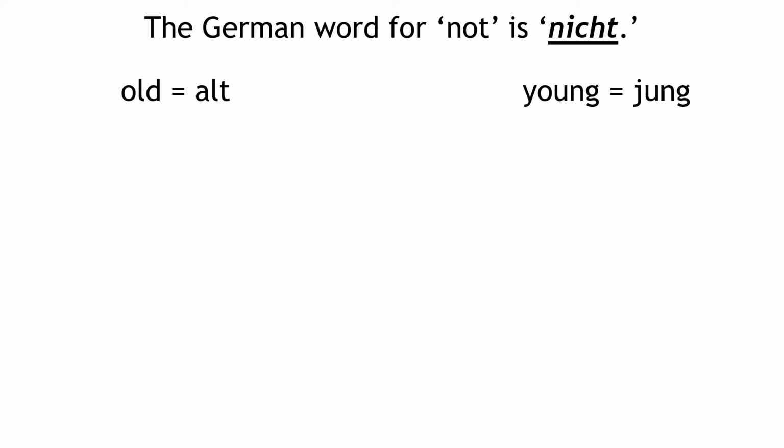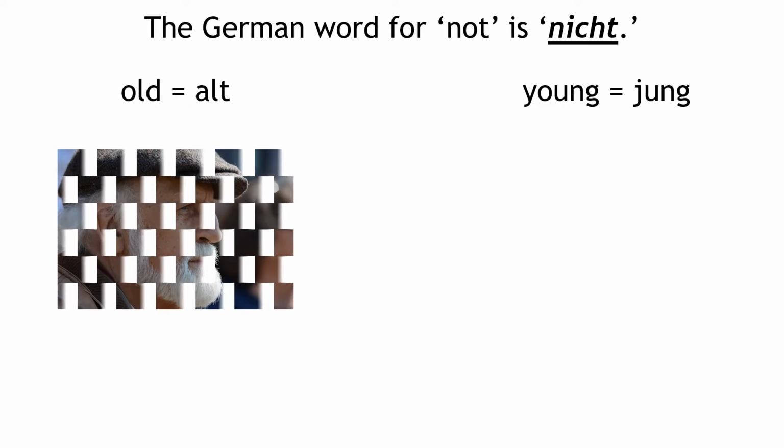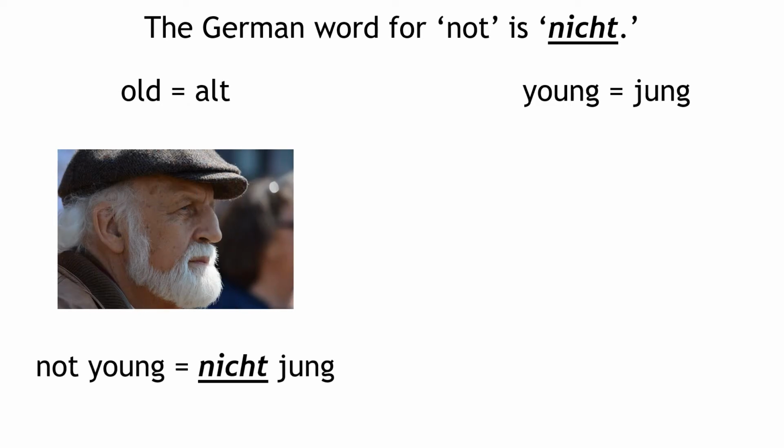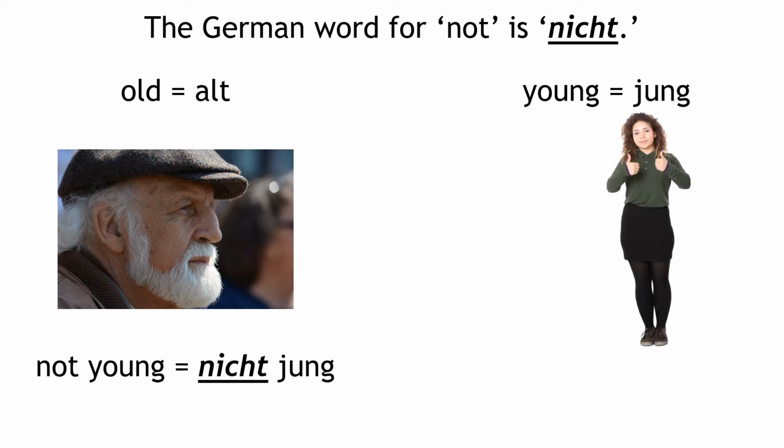So, the man whose picture appears on the left of the screen could be described as alt or nicht jung. And the girl whose picture appears on the right of the screen could be described as jung or nicht alt.